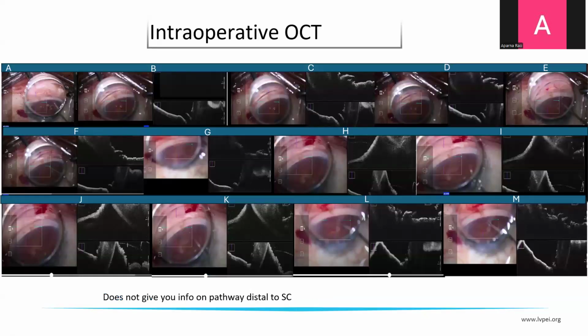One more new method for assessing the effect of surgery is intraoperative OCT. This enables us to visualize the Schlemm's canal being deroofed as we remove the trabecular meshwork in microincisional trabeculectomy, or help assess the bleeding that occurs into the angle from the collector channels in specific regions, as seen in the above images.